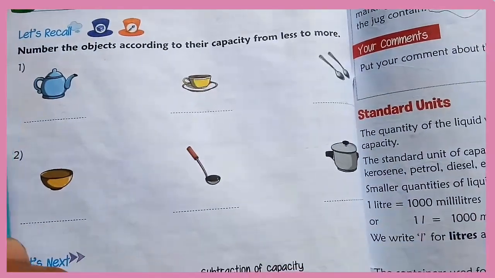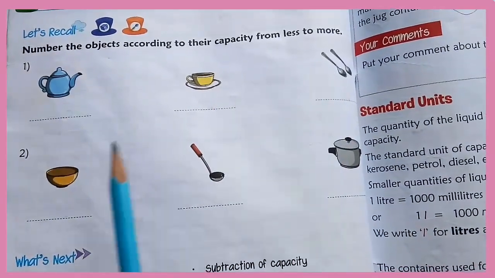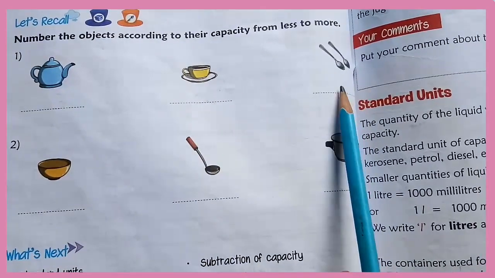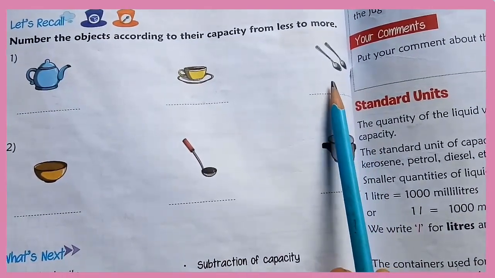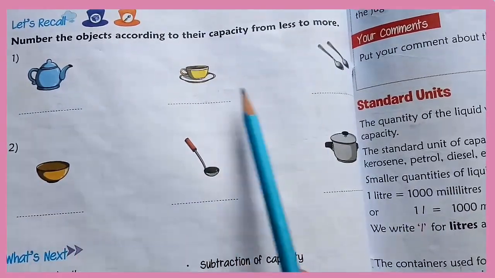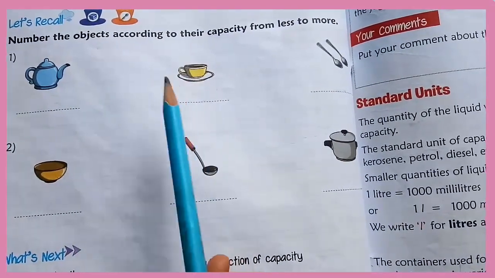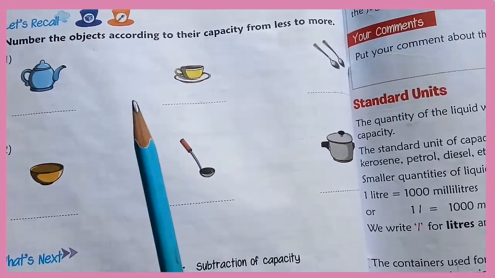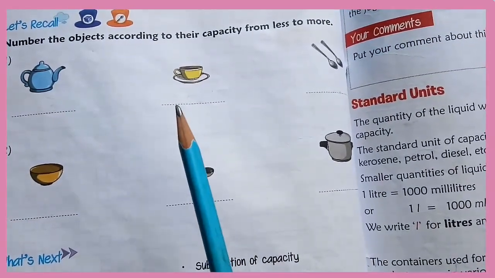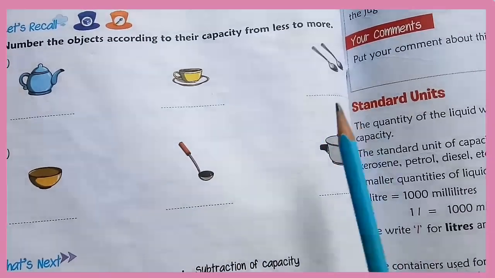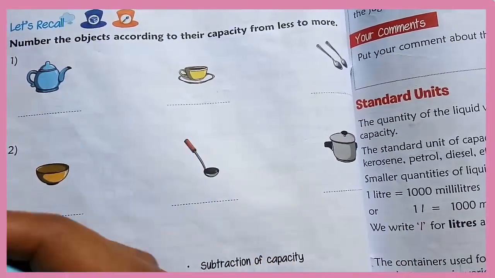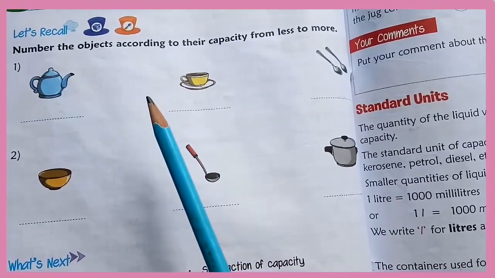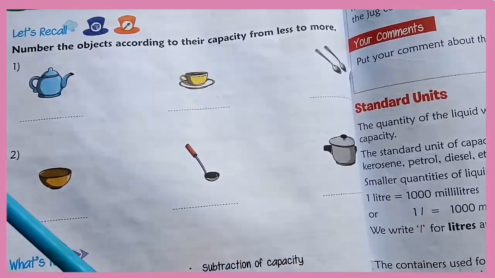Look here, in the first one they gave 3 objects, right? The first one is a teapot, the second one is a teacup, and the third one is a spoon, right? Here you have to arrange these things according to their capacity from less to more. You already know the object which is smaller in size has less capacity, and the object which is bigger in size has more capacity, right?